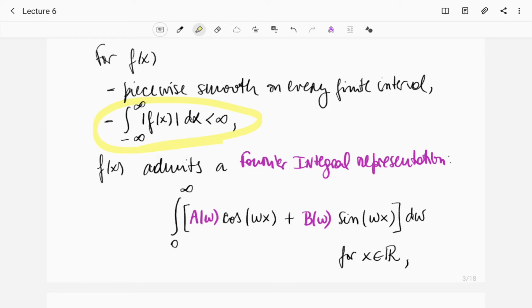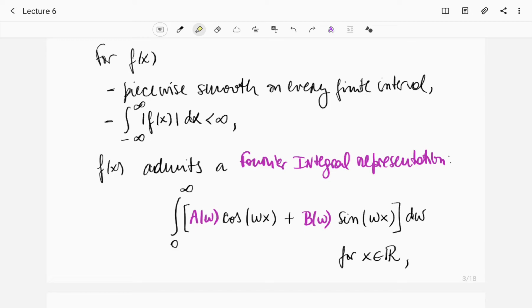It's not that for any function we will have a Fourier integral representation. So we do need these two assumptions, piecewise smooth on every finite interval, and this, which means that f is integrable in some sense. That, again, we are not going to give the formal definition.